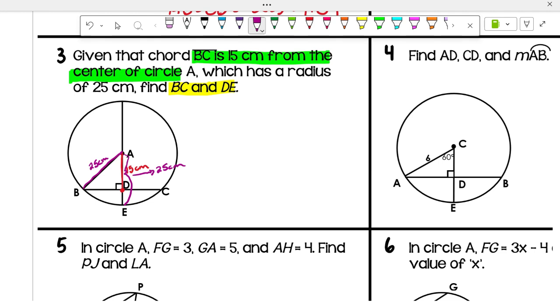And they want us to find BC. So they want us to find this entire length. Let's call that X. And they want us to find DE. So this little segment right here, let's call that Y. So which one would be the easiest one to find right now? Which one takes the least amount of legwork, X or Y?